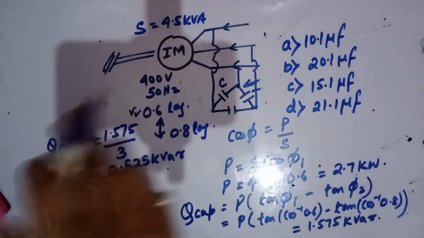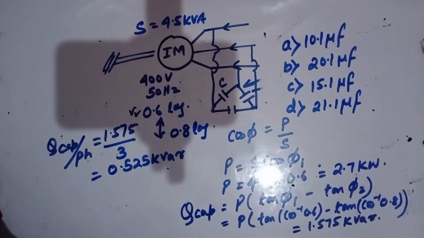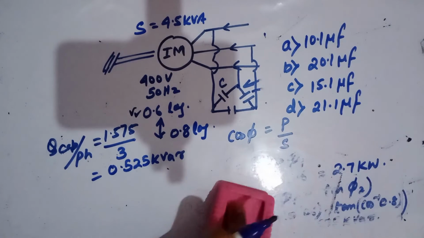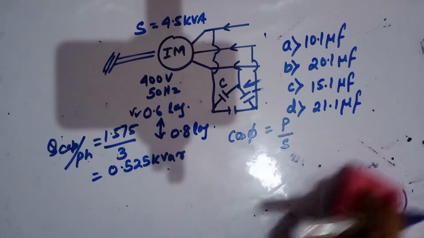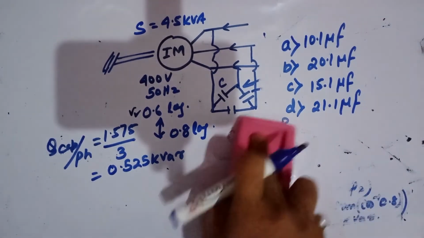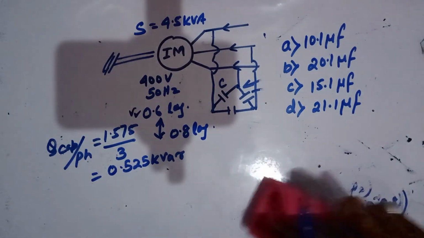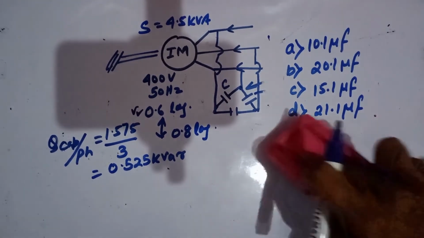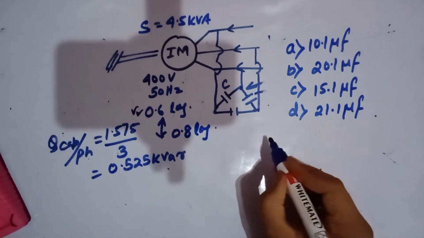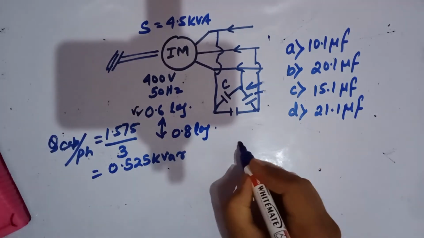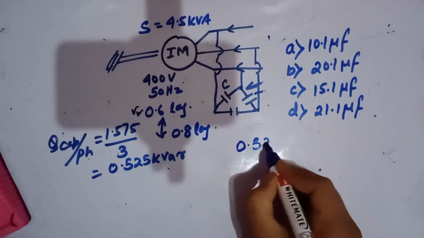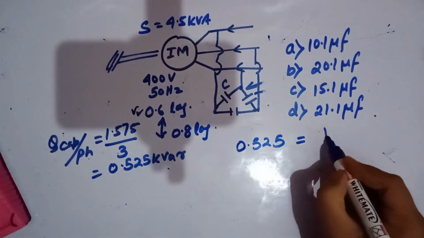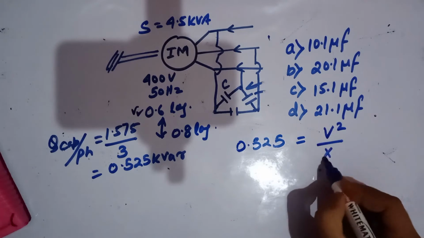Now similarly, I need to find out the rating of the capacitance. I have already told you that 0.525 is the kVAR rating, and here it is V square by XC.